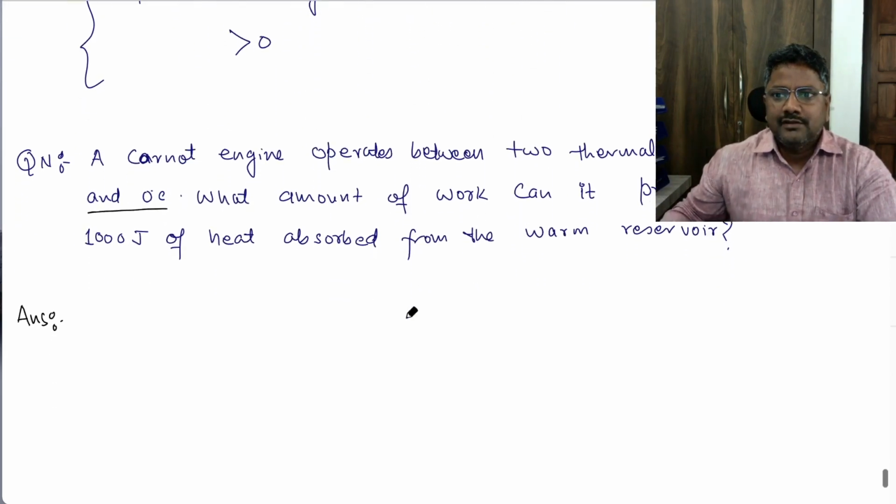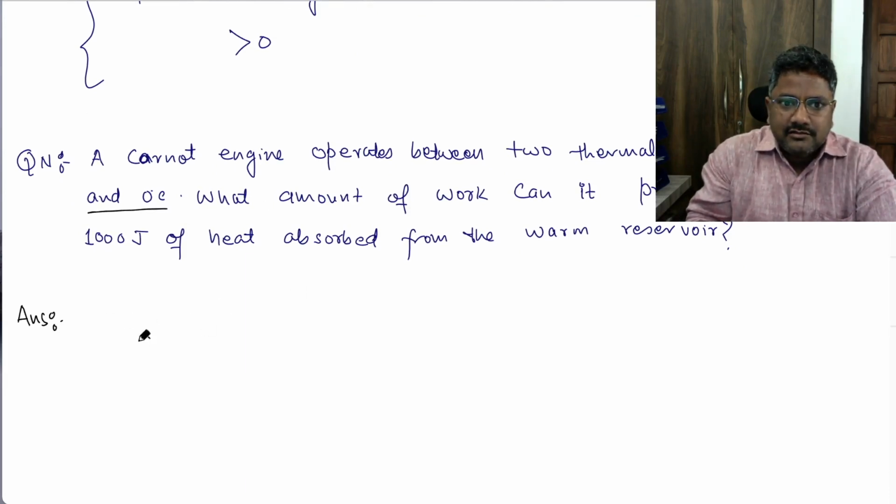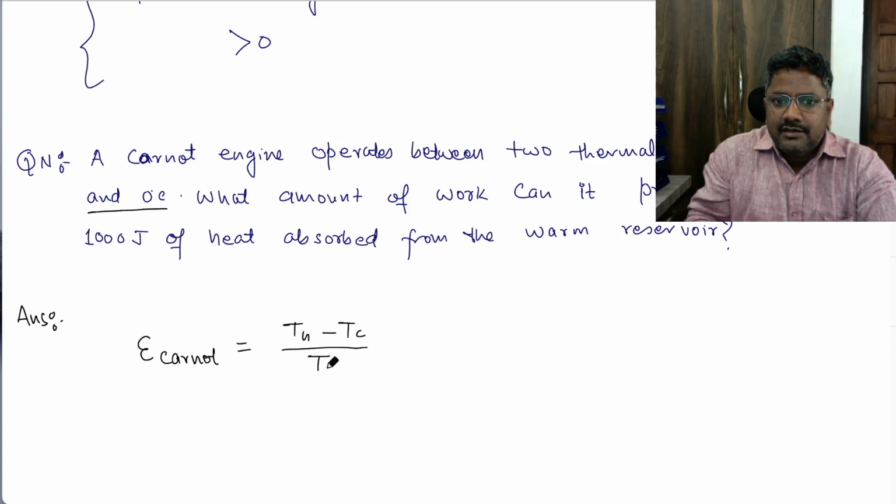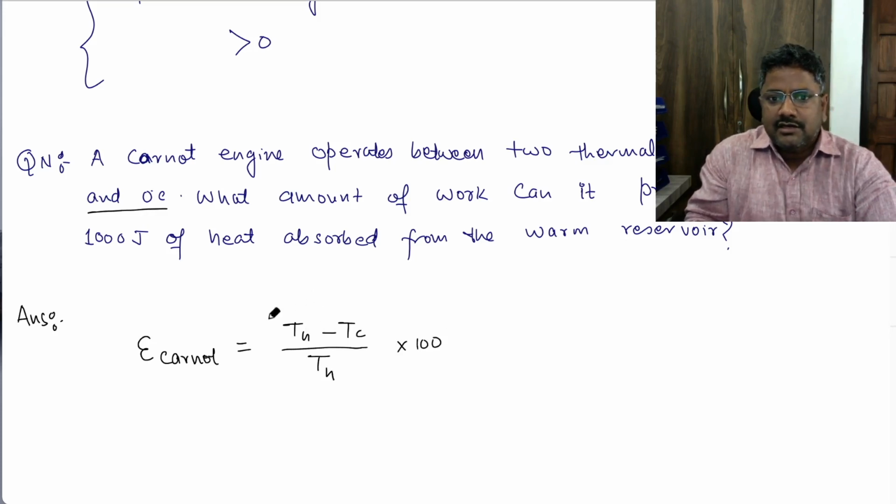So efficiency of this Carnot engine is equal to, you can write, (TH minus TC) by TH into 100. TH is the warmer reservoir, this is the colder reservoir, and this is the hot one. And this we have written in the formula.